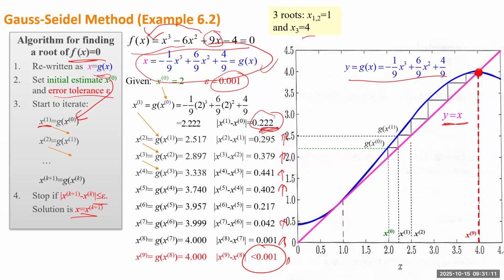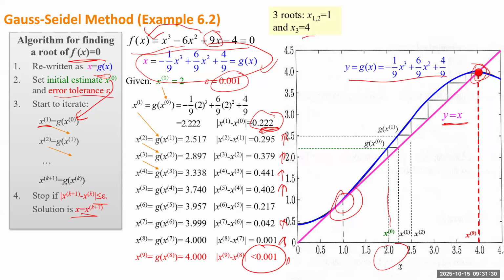For this case, there are 2 intersection points. The first one is a tangent point, which corresponds to 2 equal roots, and the other will be the third root. So we start from the initial guess. We go through this process.